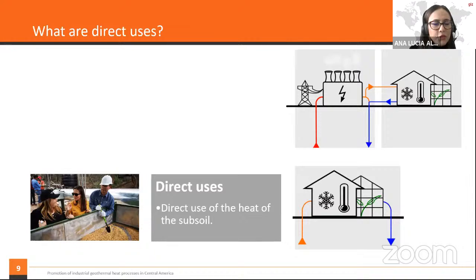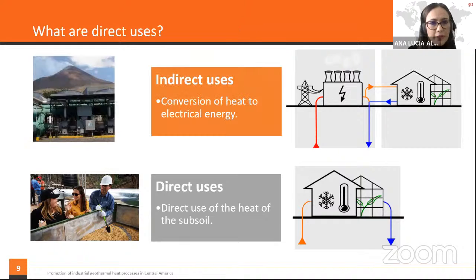Well, what are direct uses? I may share with you very briefly this slide, very simple. What we have seen, at least in Central America, is the experience of using this heat from under the ground for electricity generation.